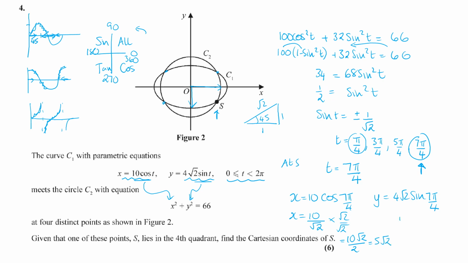And then y will be, well, sine of 7 pi by 4 is minus 1 over root 2. So it'll be minus 4 root 2 over root 2. The root 2's will cancel. y is minus 4. So the coordinates of S are 5 root 2, minus 4.